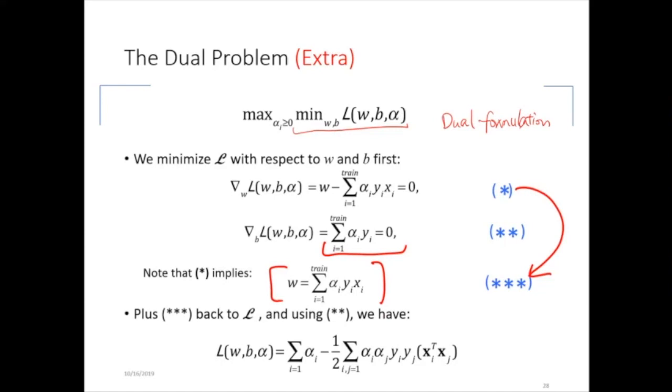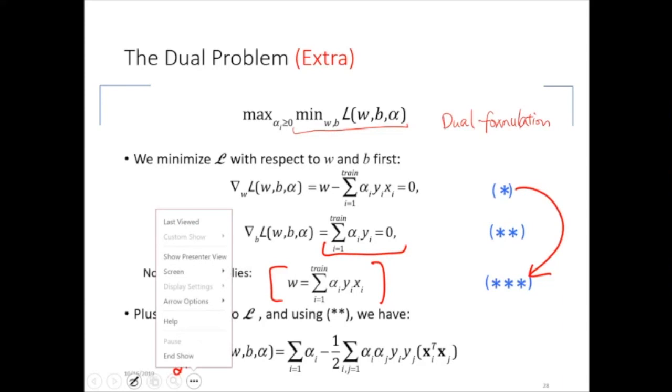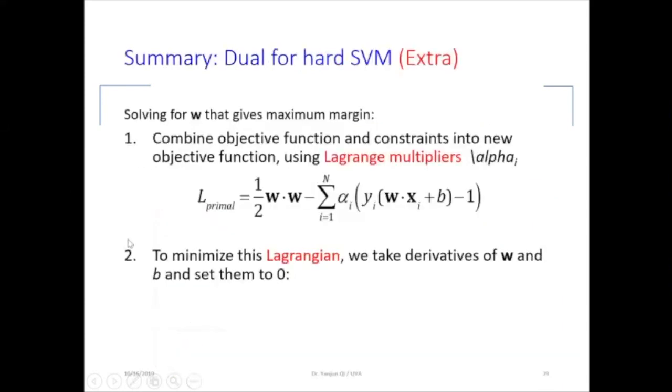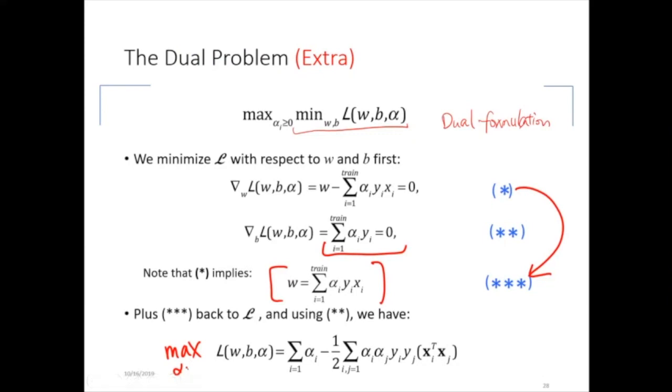And this is exactly the left part. Then you maximize over alpha. And this is how we get the dual form.